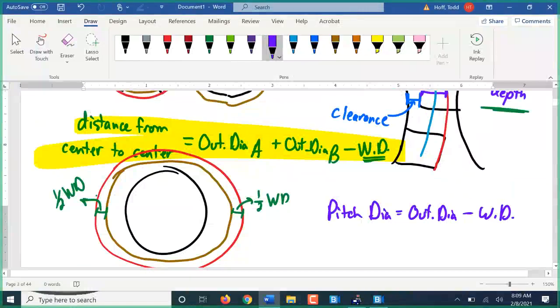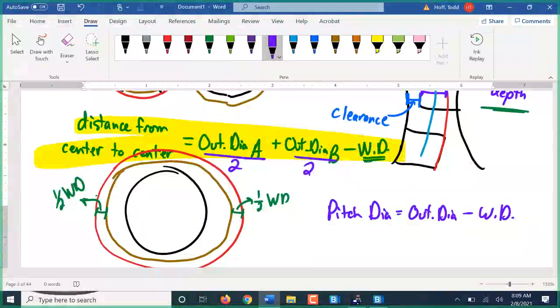I screwed up this formula up here, by the way. The distance center to center set, it's the outer diameter divided by 2. It's technically the outer radius for each of them. The outer radius is not really a thing.